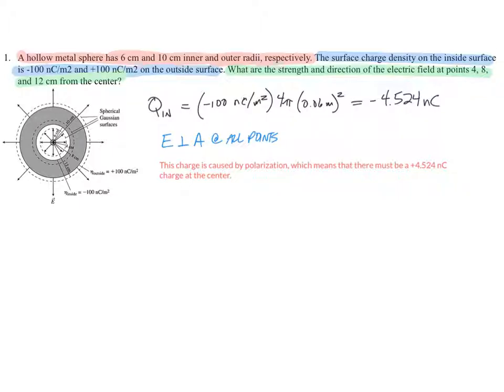So let's take our first spot here, where r is the 4 centimeter mark. For all of these we can start with the statement of Gauss's law, where the electric flux would be the surface integral of the field vector dotted with the area vector.